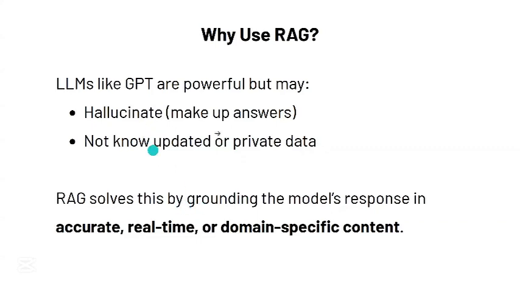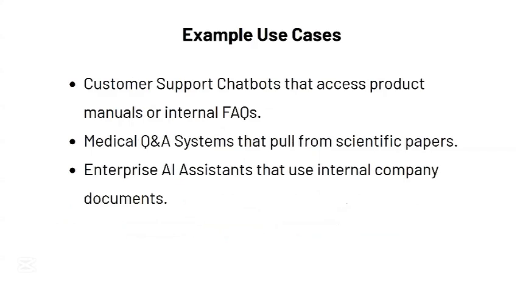So RAG solves these problems by grounding the model's response in accurate, real-time, and domain-specific content. One example use case is customer support chatbots that access product manuals or internal FAQs. There can be private data in companies and also related to the medical context.